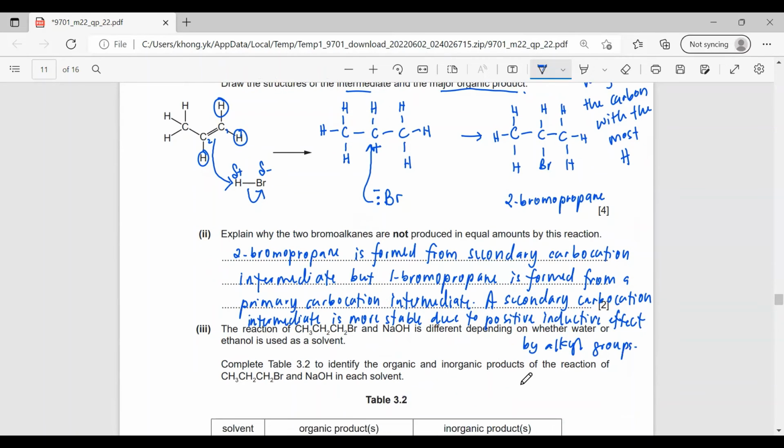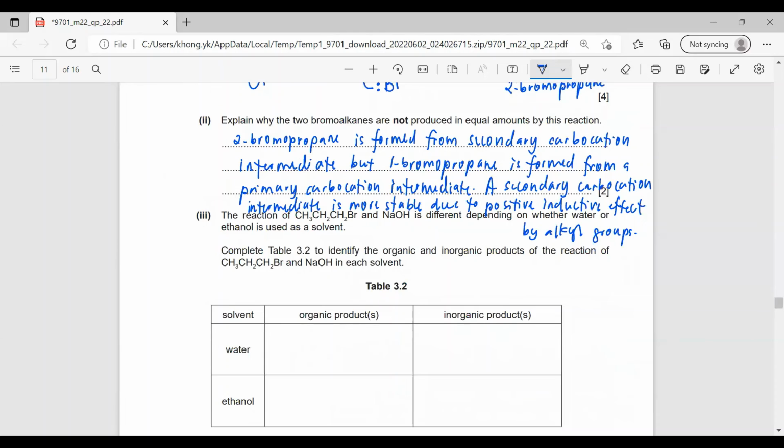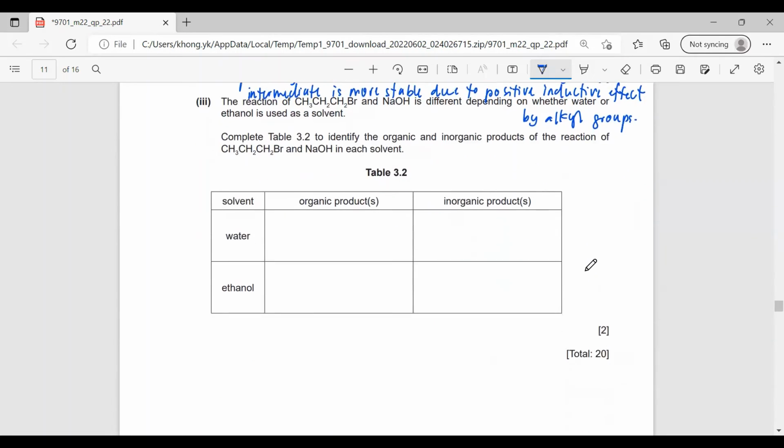Now, the next question is on the reactions of the halogenoalkane with NaOH. If I have 1-bromopropane and I react it with NaOH in the presence of water as the solvent, meaning that I have CH3CH2CH2Br and I add aqueous NaOH, this reaction is considered a substitution, meaning that the OH will substitute the position of the Br.